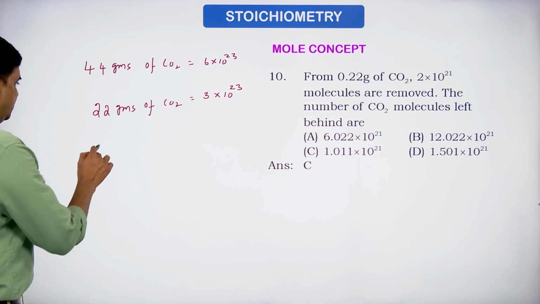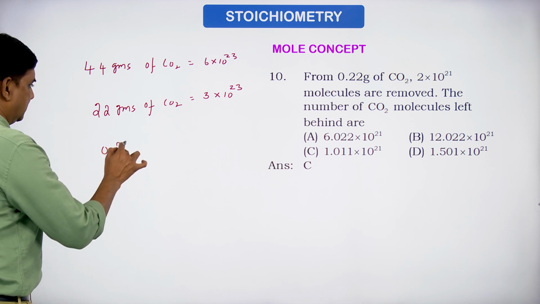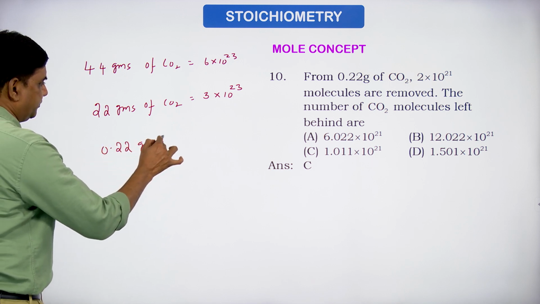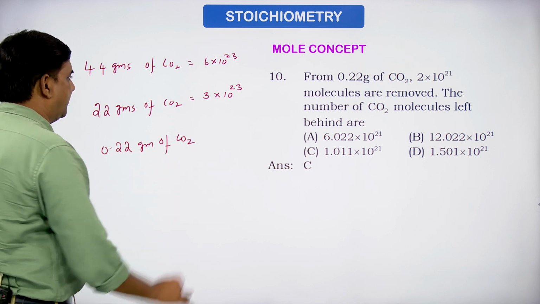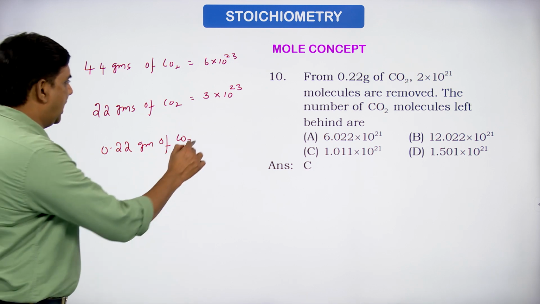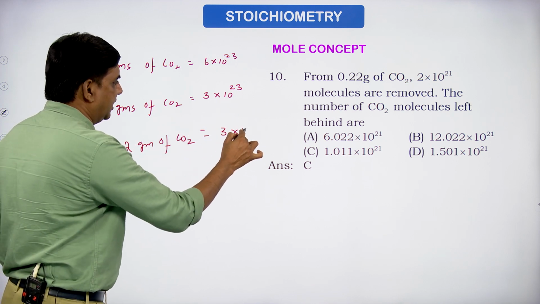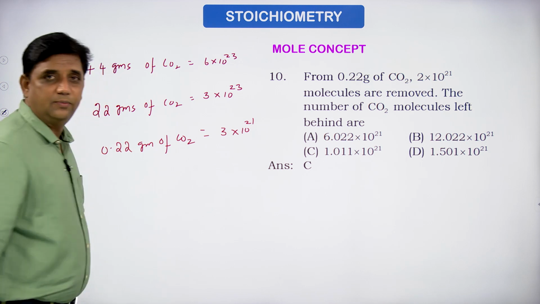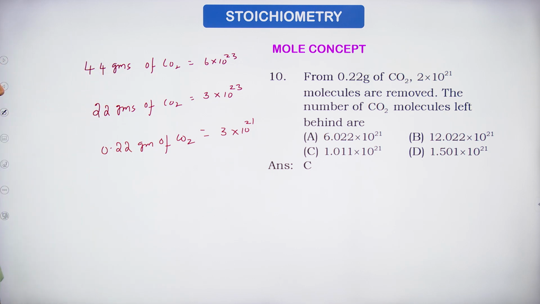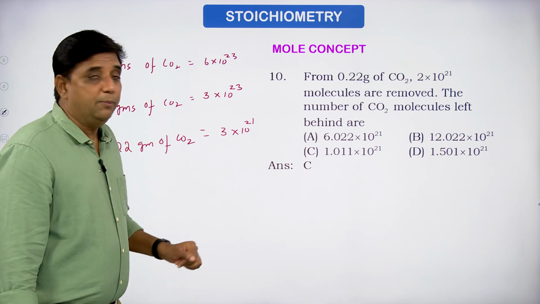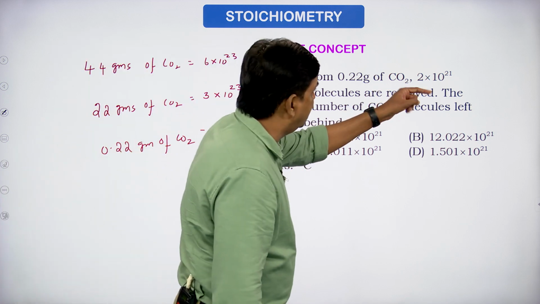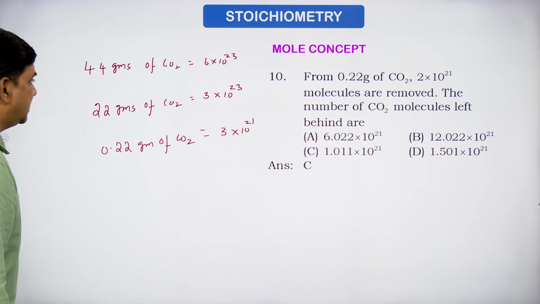And 0.22 grams of CO2, 100 by this side, 100 by that side, is equal to 3 into 10 power 21 molecules. From these 3 into 10 power 21 molecules, how many molecules are removed? 2 into 10 power 21 molecules are removed.